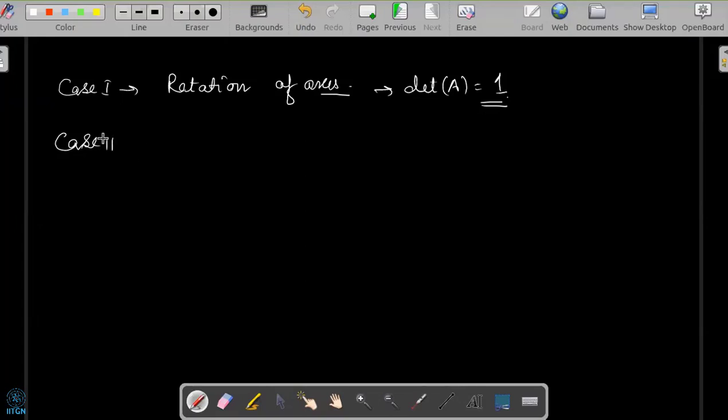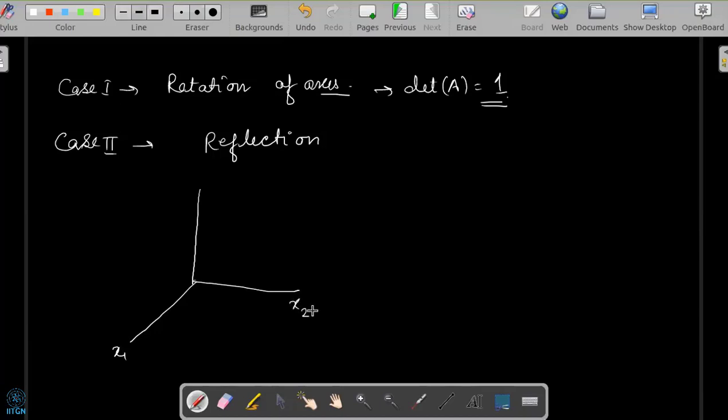And let's say case 2, where we will see the condition of reflection. Reflection means just a mirror image. So let's consider the axes. Here we have x1, this is x2, this is x3.